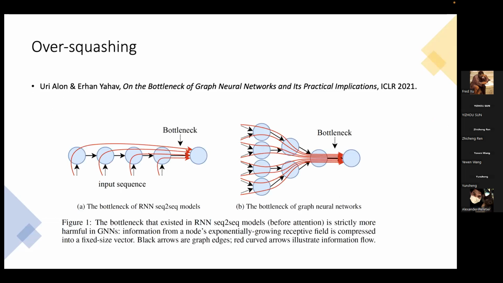So this is the first paper I'm going to talk about. It basically introduces the idea of oversquashing. The way they talk about this problem is first they make an analogy with the sequence-to-sequence model in NLP.